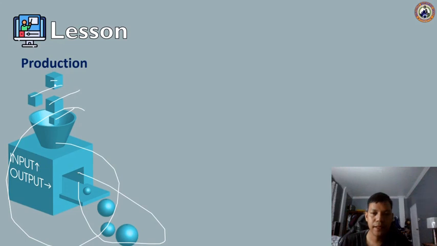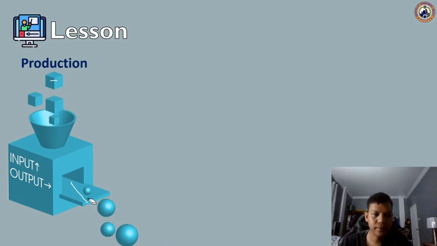In the input part, it is still a square, and then it undergoes a process, which is called production, and it produces a finished product, a circle, or a ball. It is the act of creating output in the form of a commodity or a service that contributes to the utility of individuals.